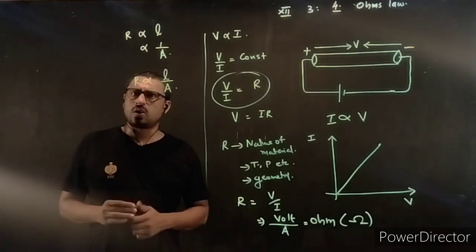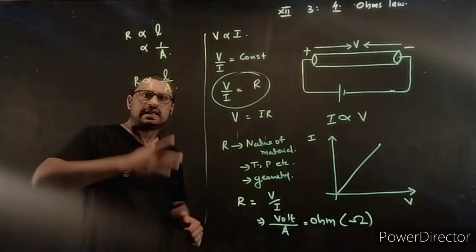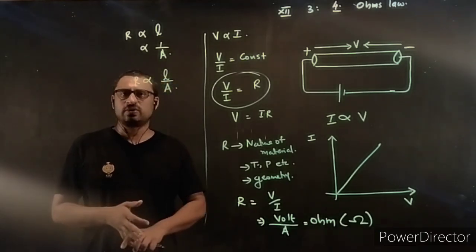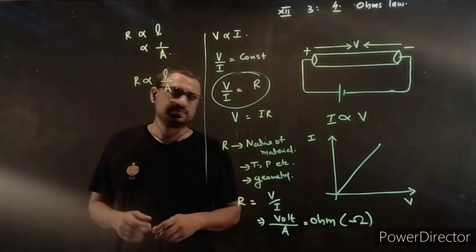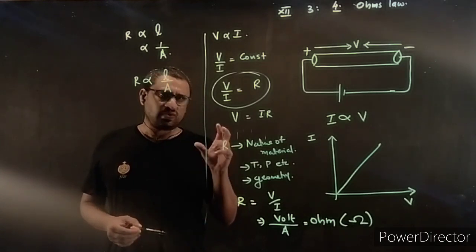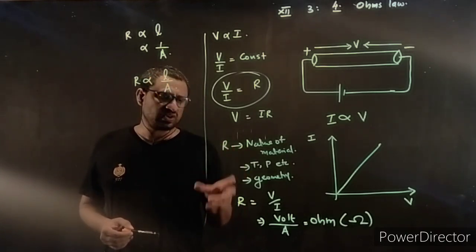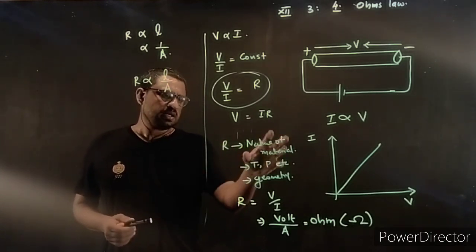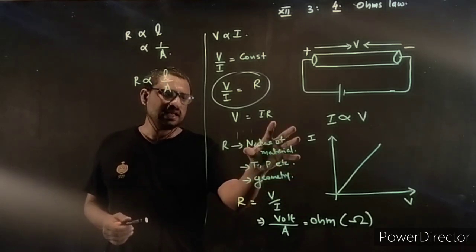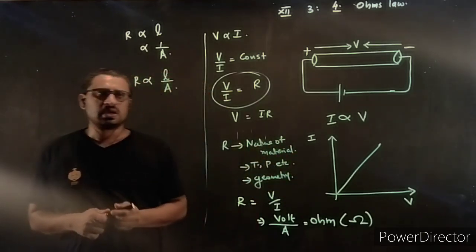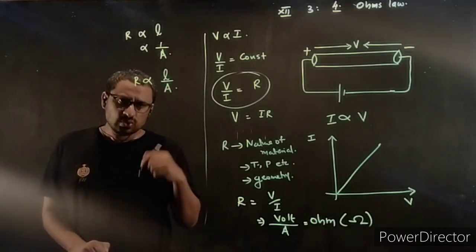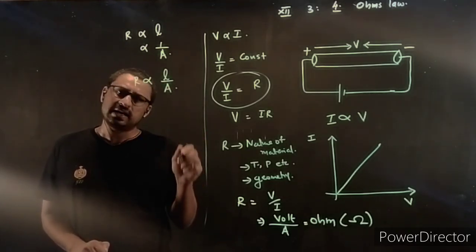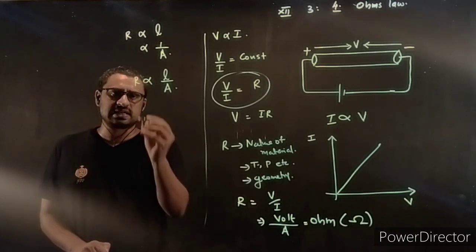But you cannot expect all wires having the same length and area to have the same resistance. Why? Because it depends on the nature of the material. So for a fixed temperature value, it depends on geometry and nature of the material. Now this proportionality can be removed by using a constant for the nature of the material and for the temperature and physical conditions like that.